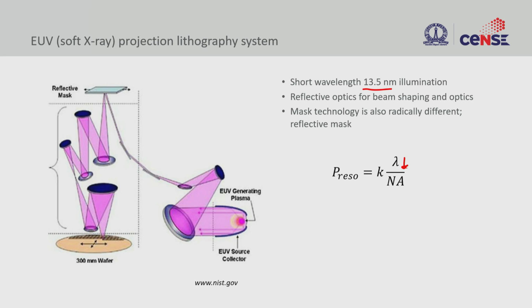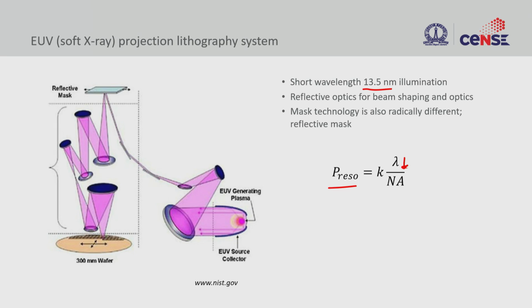So this is soft X-ray type. The rays are generated from a plasma source and used in reflective optics, which is very different from the transmission optics that we have seen in optical lithography. So by reducing lambda, we are trying to achieve better resolution.